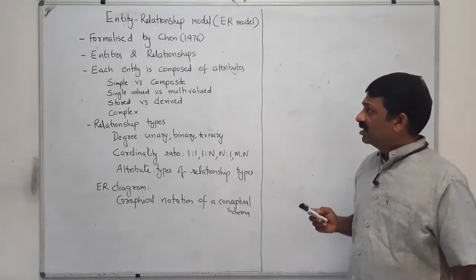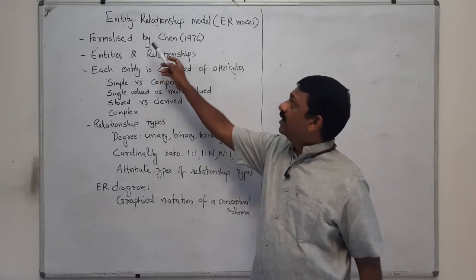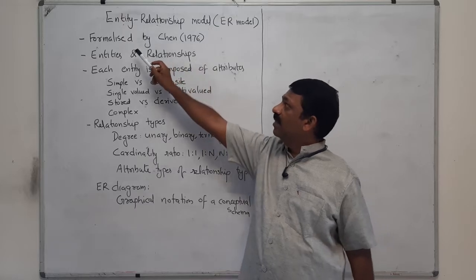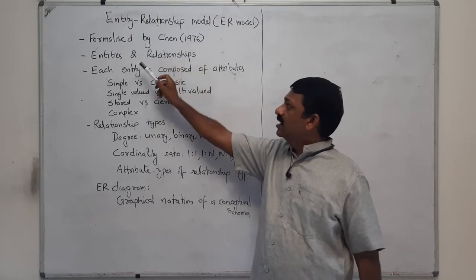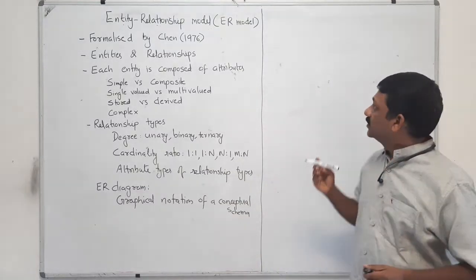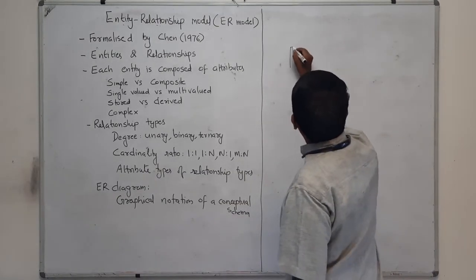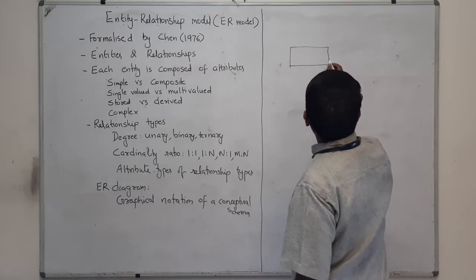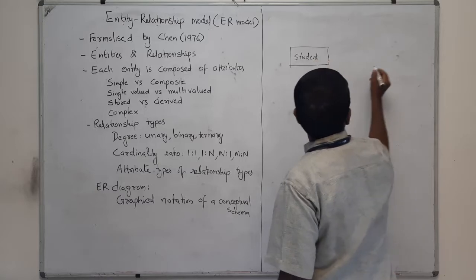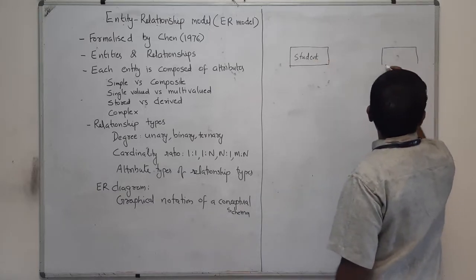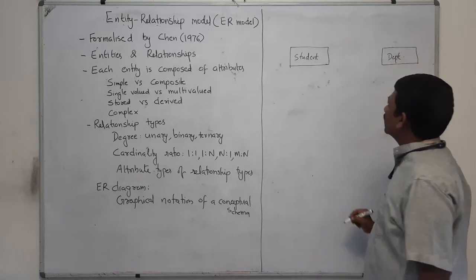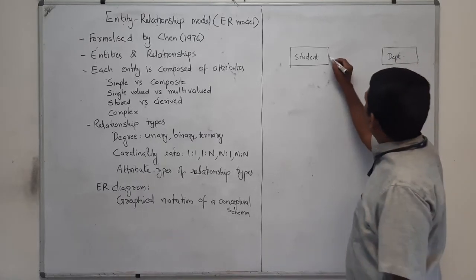This was formalized by Chen in 1976. In this, you have a set of entities. For example, suppose this is an entity, student, and this is another entity, department.